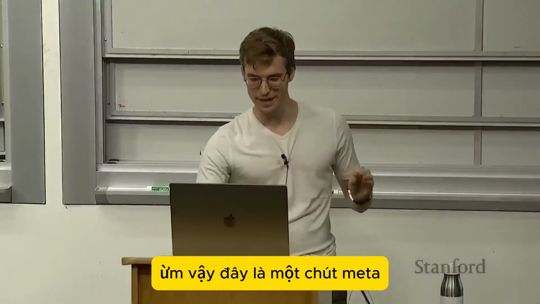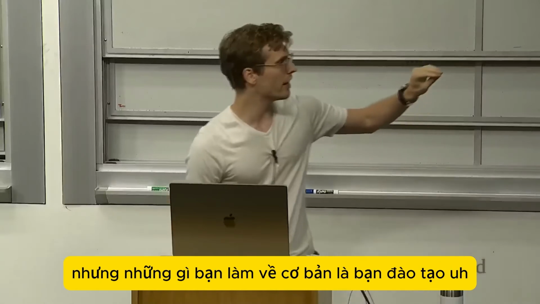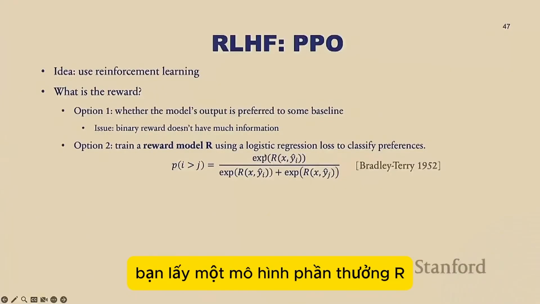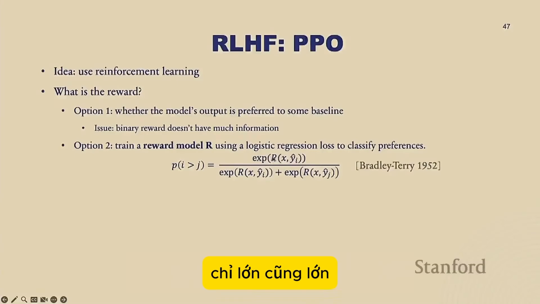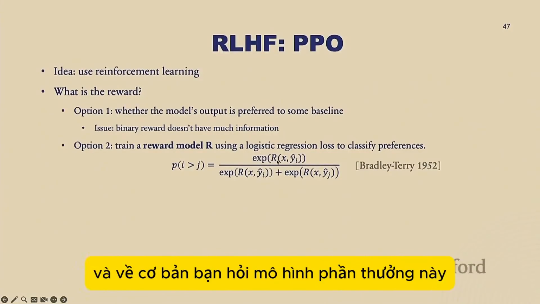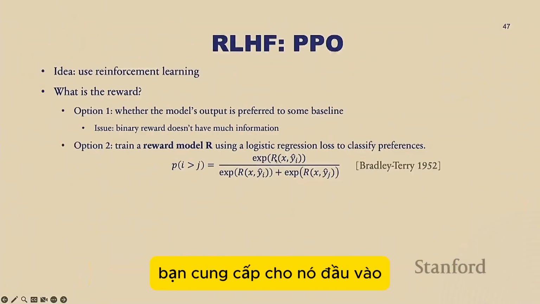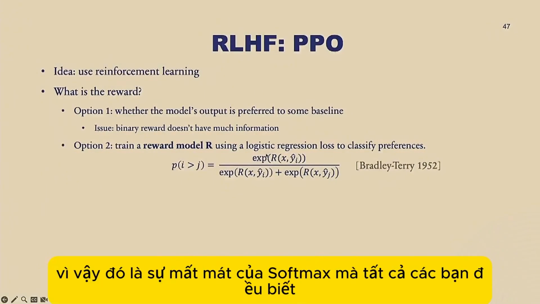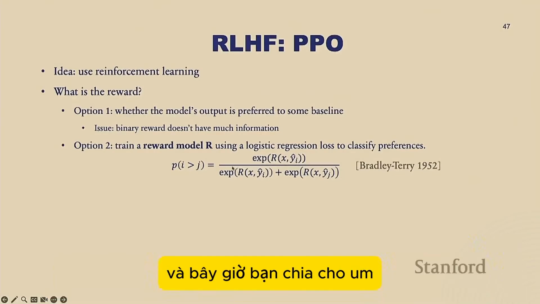This is a little bit meta, but what you basically do is you take a reward model R, which is just a large classifier, and you give it the input and the actual output that you have, one of the two outputs, and you just exponentiate that, so that's the softmax that you all know about. Now you divide by the exponentiated reward on the first output and on the second output.